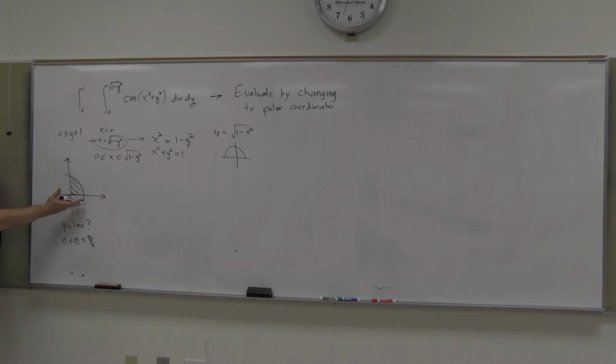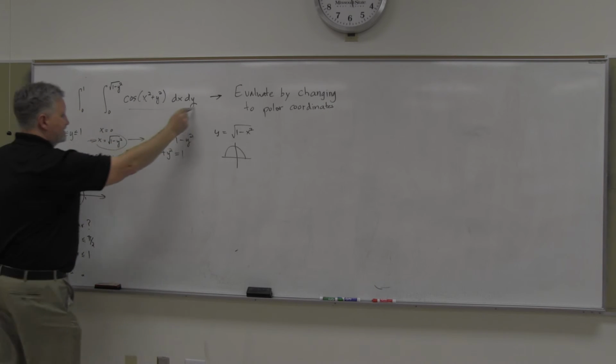And the r is easy too, because you're just going from 0 to 1, the circle. So we haven't come across anything too bad yet. Maybe that'll come later. All right, so we've got the limits now for the polar.